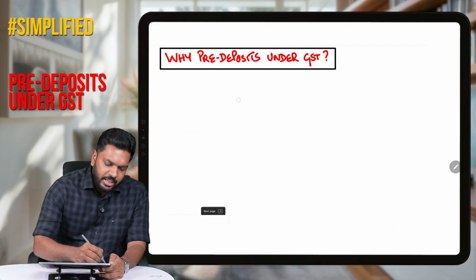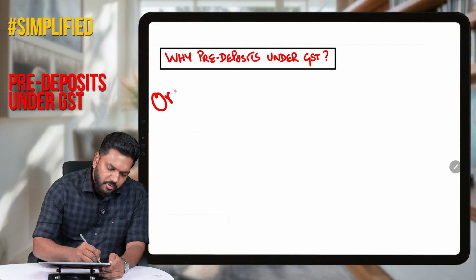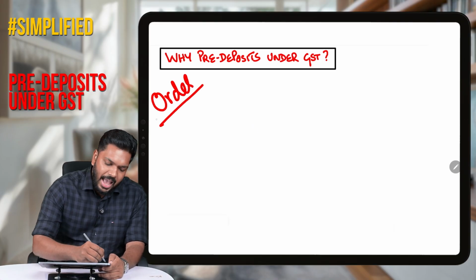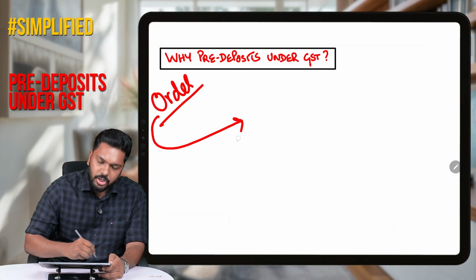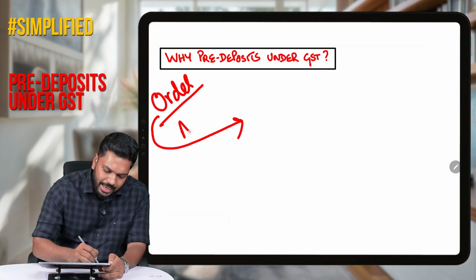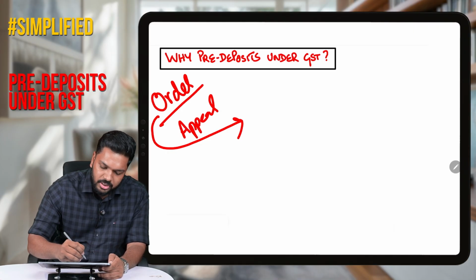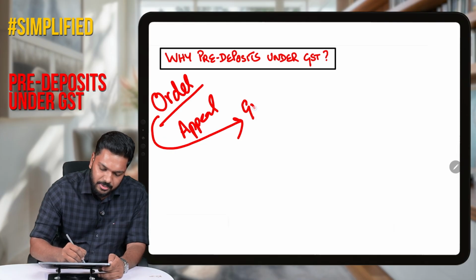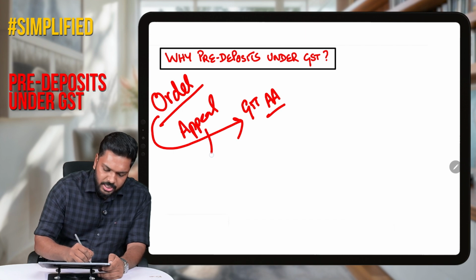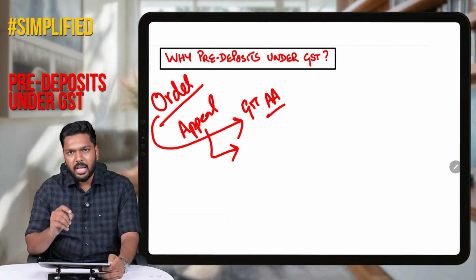Well, initially when you get an order from the GST department, if you want to contest that particular order, the resolution that is available for you is to file an appeal before the first level, that is the Appellate authority. But before you do that, there are two requirements that you need to fulfill.